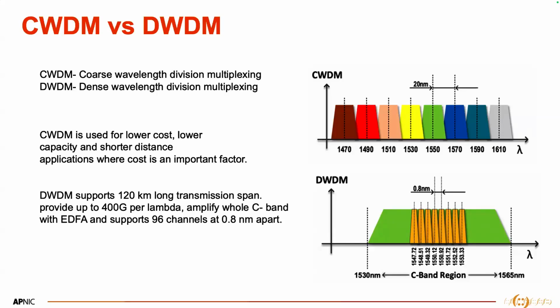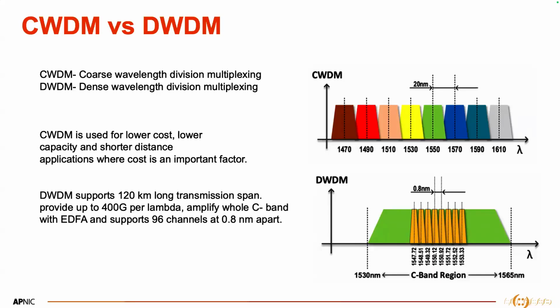And when the gap between two consecutive wavelengths is lower than 0.8 nanometer, we call them DWDM. So what is WDM? WDM is doing multiplexing or demultiplexing based on wavelength.